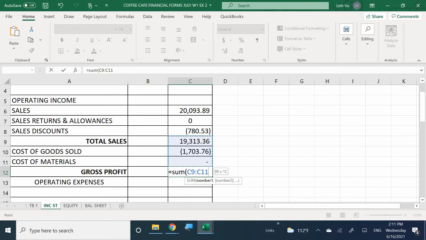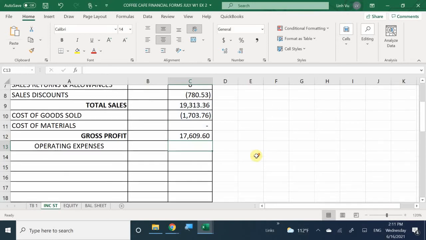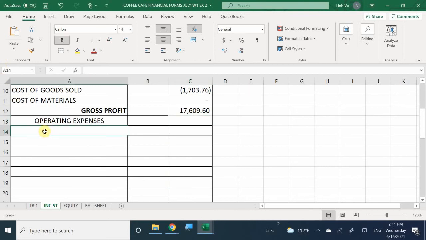You're going to take your total sales and subtract your cost of goods sold and your cost of materials. $17,609.60. Good. So that's our gross profit right now. All right. Then what is next?